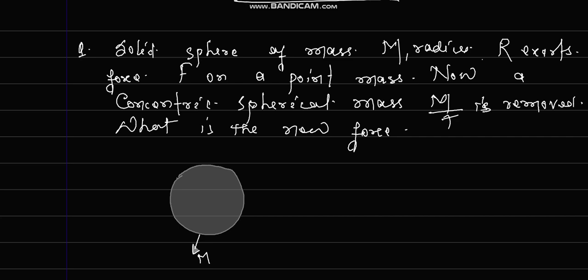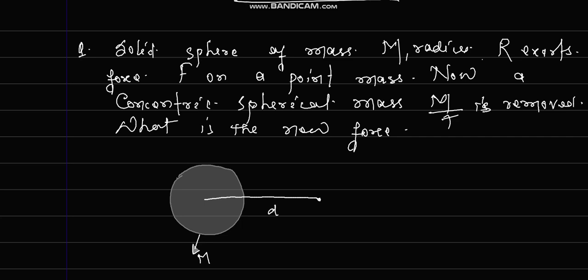Now there is a point here, so we are supposed to calculate the force. Suppose this is the point at a distance, call it d. So how much is the force because of this mass?